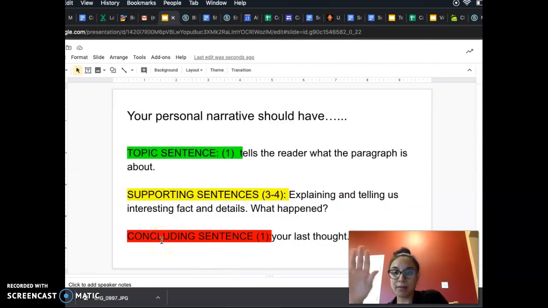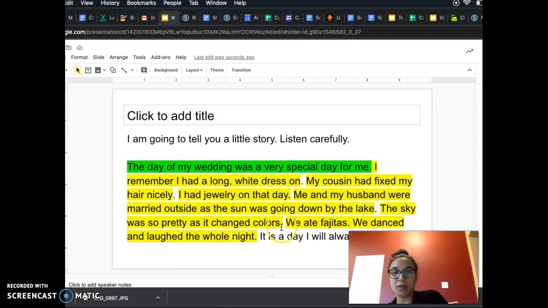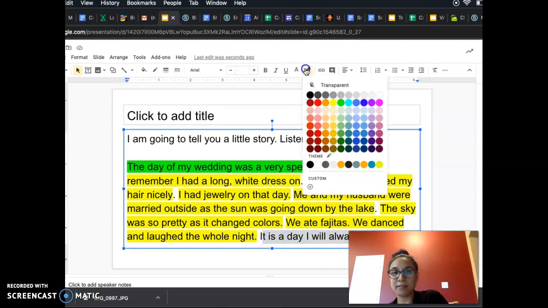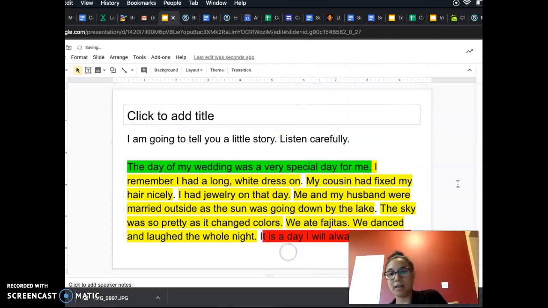My stopping, right? I'm going to put my last thought and then I'm stopping it. It was a day I will always remember. And that is my stopping right there. Oops, sorry, I didn't highlight it. That is my red. I'm stopping right there.